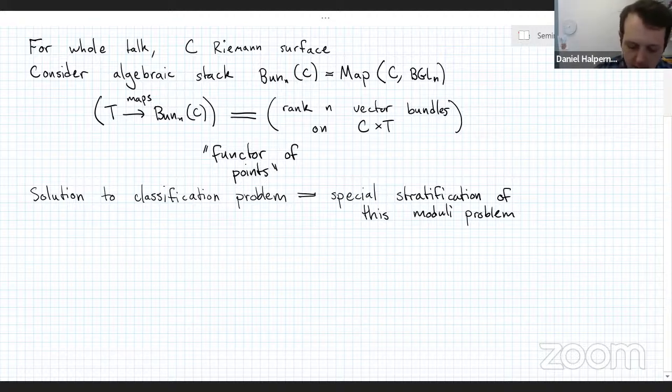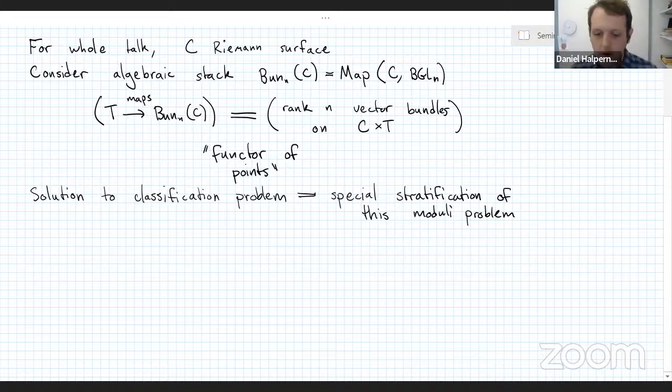The issue with just thinking about the stack of bundles on the curve as the final geometric object is, first of all, that it's unbounded. There's no finite type variety that gives you a universal family that hits every possible isomorphism class of vector bundle on the curve, even if you fix the rank and degree.